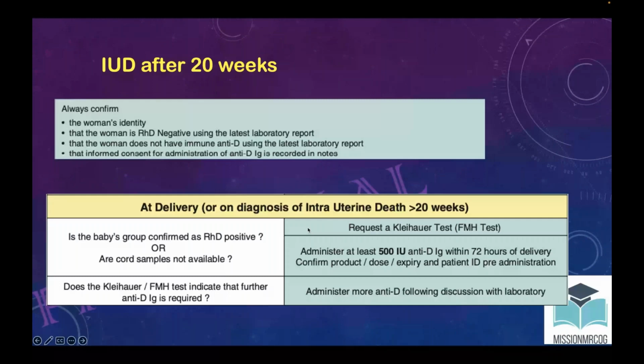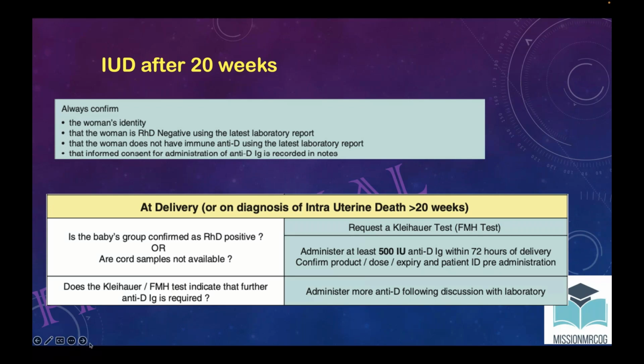So you will give 500 international units immediately within 72 hours, and you will do the FMH test. Once the delivery is done, whatever dosing we do will be done later on. So the message is that intrauterine death is a sensitizing event. So take it as a sensitizing event and give anti-D prophylaxis.